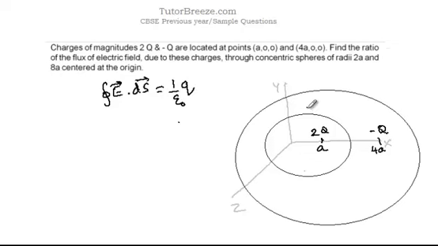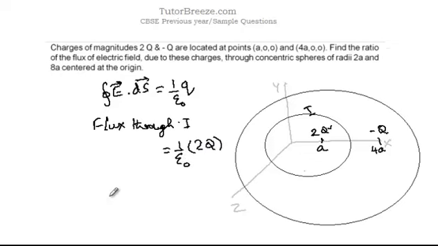Now if you look at the first surface of radius 2a, the charge enclosed by this surface is 2q. So the flux through the first surface is 1 by epsilon naught times 2q.